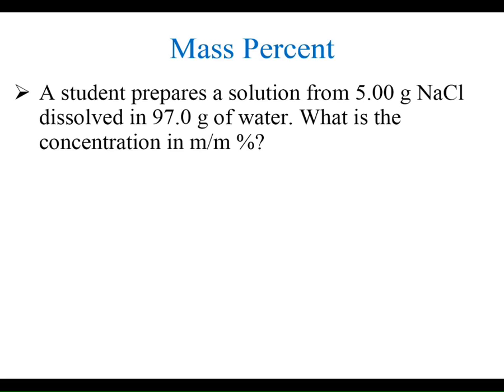So I'm going to take the mass of the solute. What do I put on top? Which one's the solute? 5.00 grams, right? Over what? 102, right? The whole thing, not just the water, the whole solution, the solute plus the water, the 5 plus the 97.